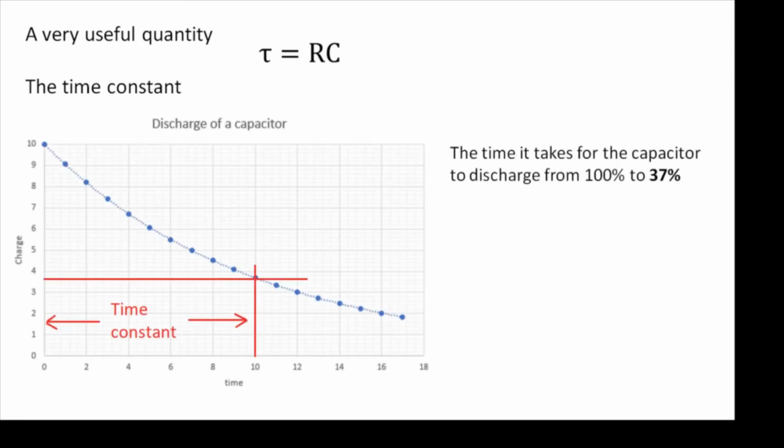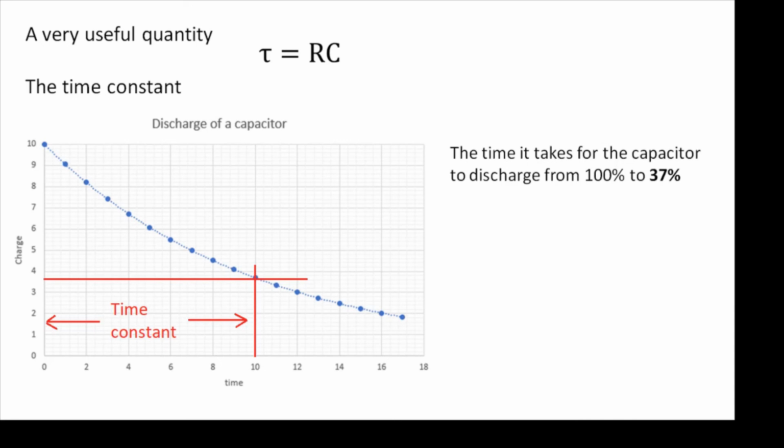A very useful quantity is the time constant, tau equals RC. It can be measured in ohm farads, or it can be measured in seconds. What is the time constant? It's the time it takes for the capacitor to discharge from 100% to roughly 37%. So from 10 volts to 3.7 volts, that time is the time constant.